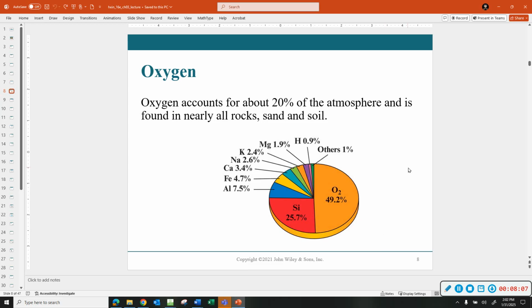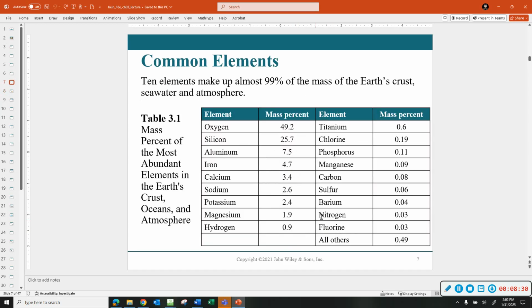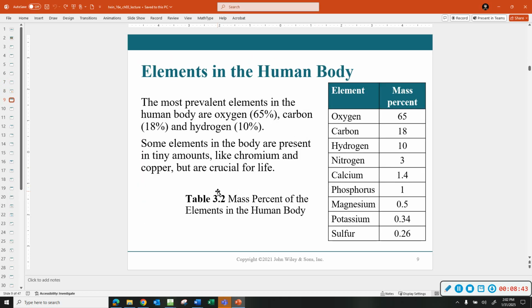I might ask what accounts for 20% of the atmosphere, or what is mostly in the sand and soil. I might phrase that question multiple different ways. I might also ask you what is the second largest element in the Earth's crust? Well, the Earth's crust would be oxygen and silicon. I'm not going to ask you all of these, like what's the least amount, fluorine, but I would expect you to know that oxygen is the most abundant on Earth, and silicon would be the next most abundant.